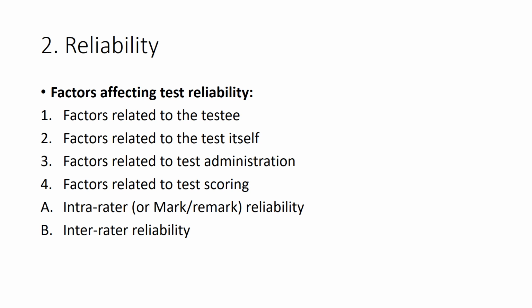If you make the same teacher correct these tests more than once, he or she will give the same score. If you give the same test to be marked by two teachers, they will also give the same score because for the objective test, we have only one correct answer.